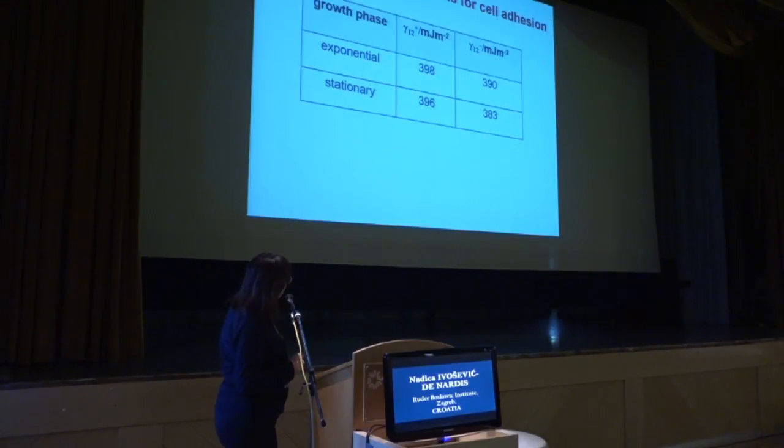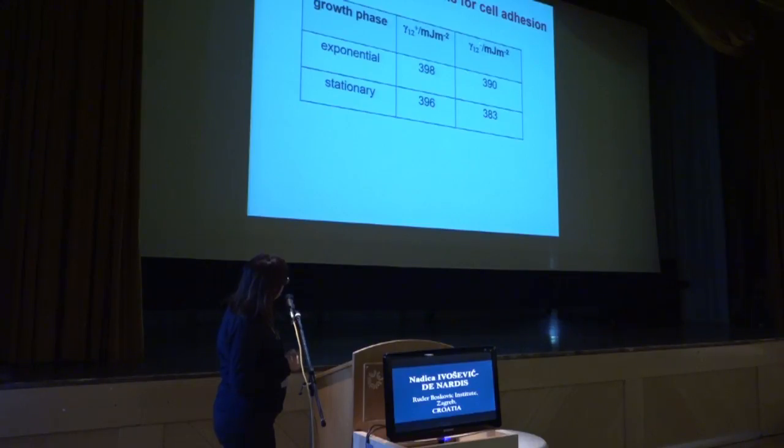And further, regarding thermodynamics, the table shows the critical interfacial tension for cell adhesion. This parameter gives us information on what surface energy is necessary. It's the minimal energy necessary for adhesion to happen.